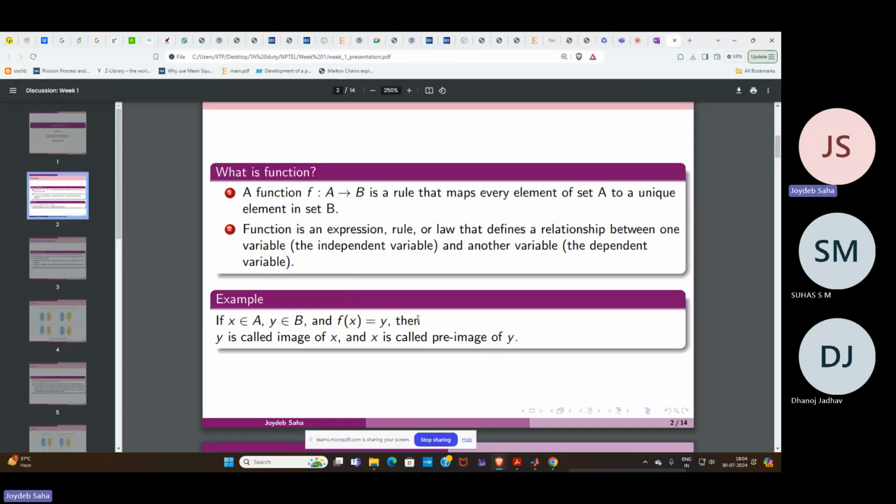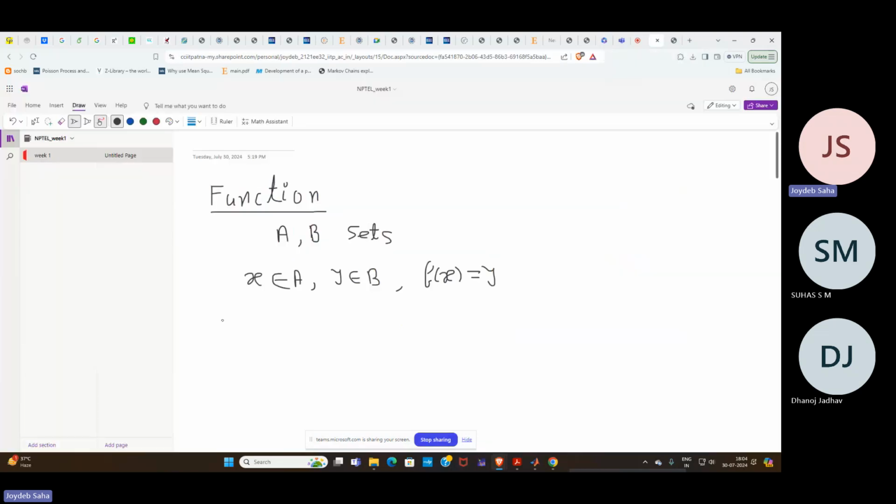This is written here, but in detail, let's assume A is a set of 1, 2, 3, 4, 5, 6.